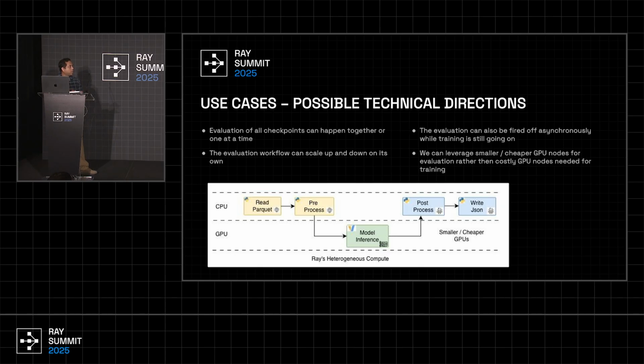And we should be able to do some of the processing, pre-processing or post-processing layers, independently of the GPU layer where the vLLM or the LLM is hosted. So we should have heterogeneous compute. So two criteria: we should have heterogeneous compute, and we should also be able to scale up the stages independently.